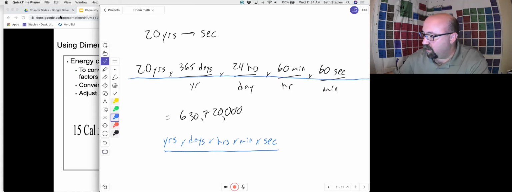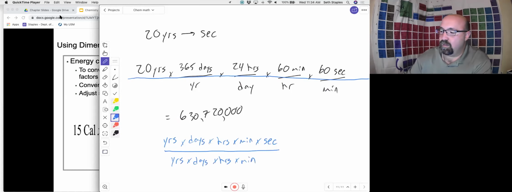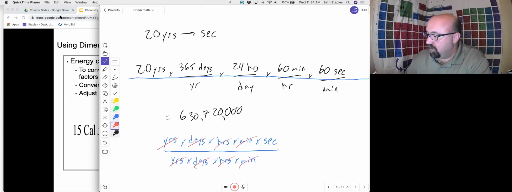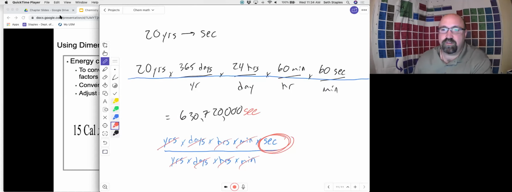And then down below, we have years times days times hours times minutes. And we know that anything divided by itself is 1. And so that means years can cancel out, days can cancel out, hours can cancel out, minutes can cancel out, and we're left with seconds, which are the units that we were looking for.